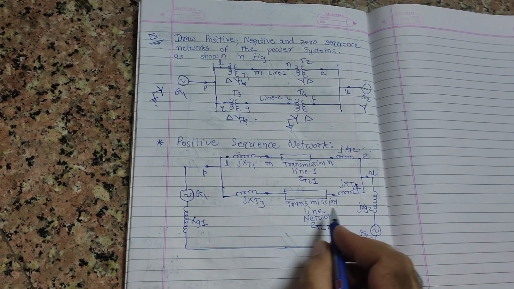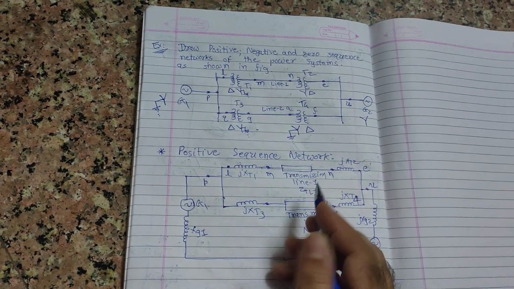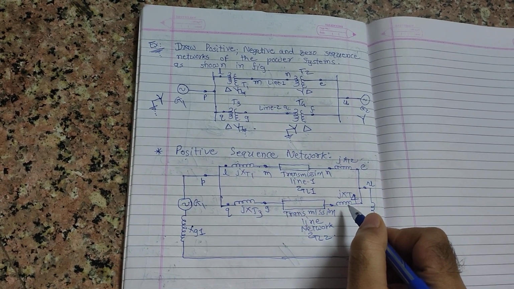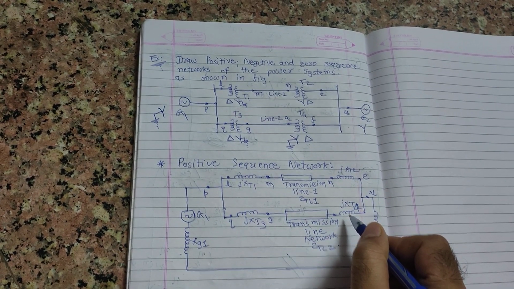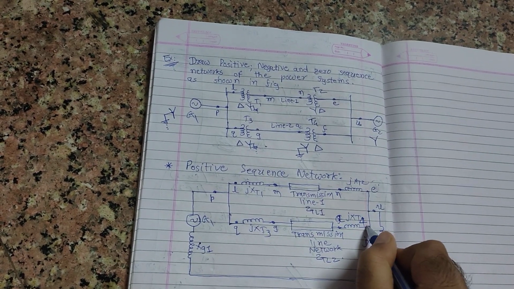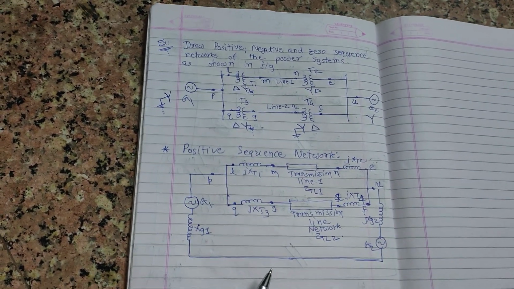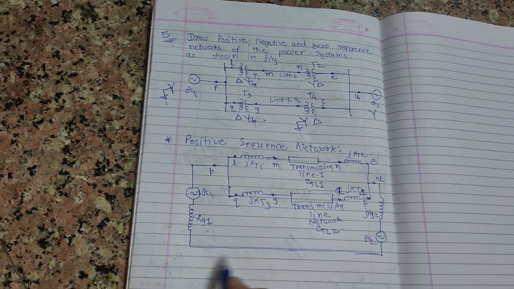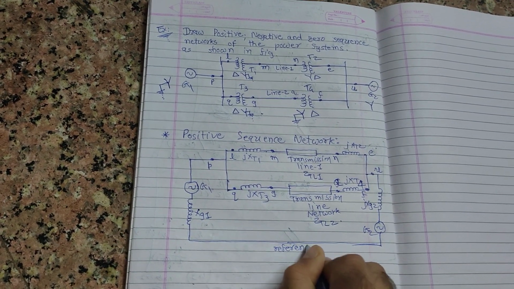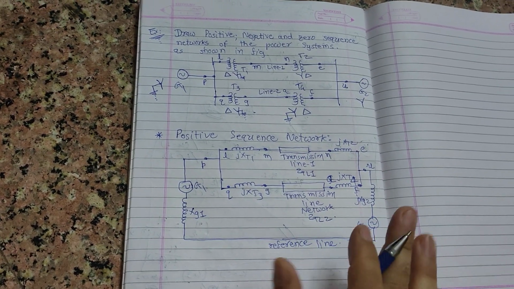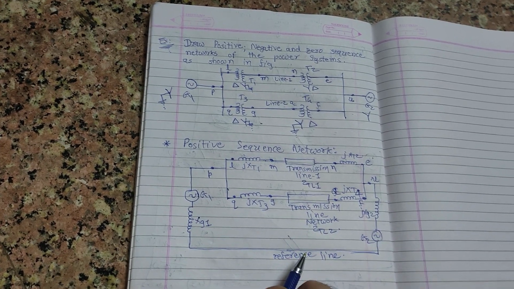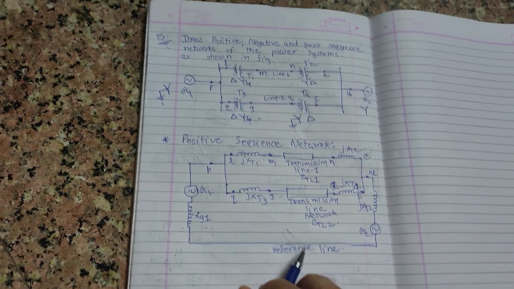Now below, for transmission line 2, give Q, then G, then A, and here F. In such a manner you can complete your positive sequence network, and the line at the bottom is the reference line, with respect to which we can take magnitudes of this positive sequence network. I hope you can understand this.